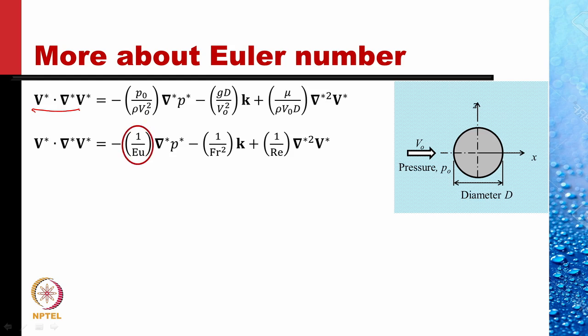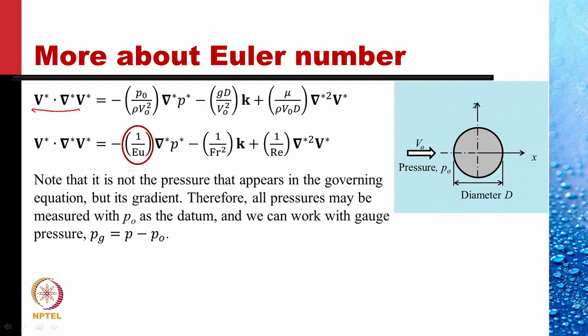Let's first talk about the Euler number. Note that it is not the pressure that appears in the governing equation, but its gradient. Therefore, all pressures may be measured with P0 as the datum. That is, we work with differences in pressure rather than the pressure itself.